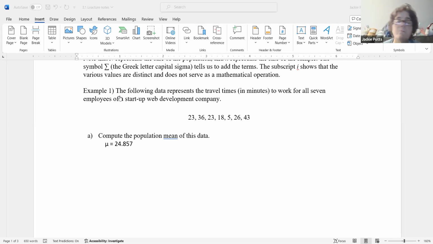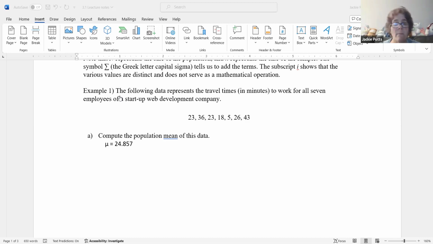There we go. So I've got multiples going. But that is how we can do it with StatCrunch when we have data.